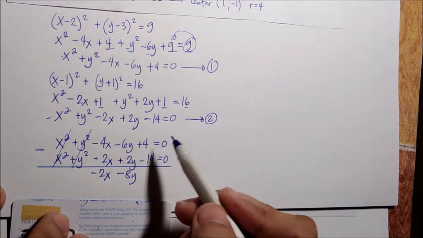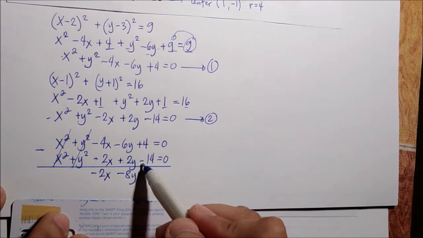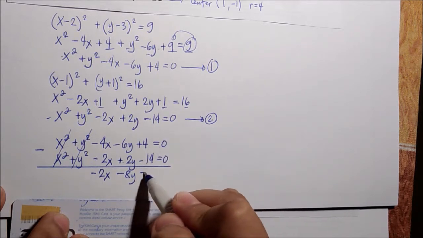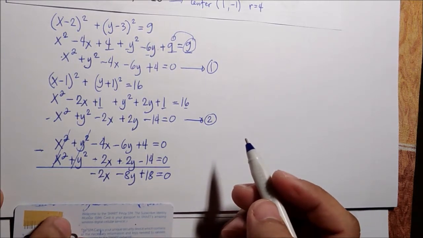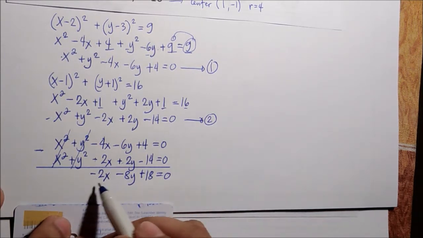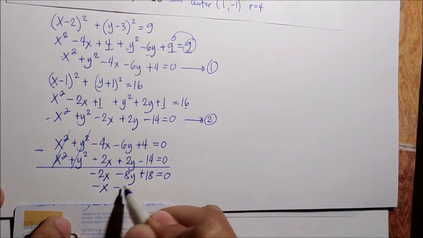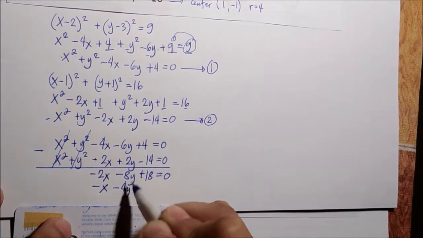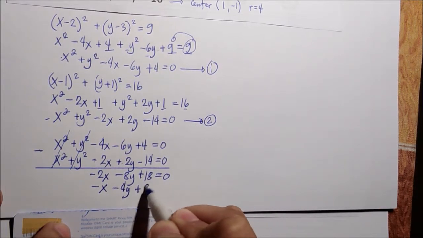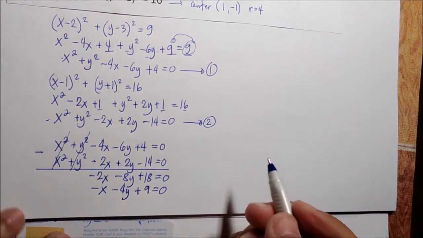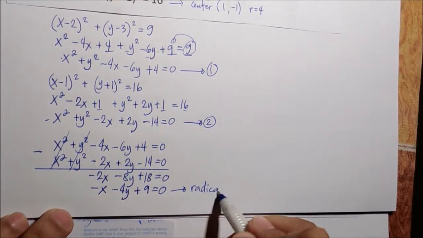Next, 4 minus 14, this will become plus, and this will become 18 equals 0. Okay, now we can reduce this by dividing by 2. We have negative x minus 4y. Okay, 8 divided by 2 is 4. 18 divided by 2 is 9, equals 0. So this is the equation of the radical axis as we discussed a while ago.